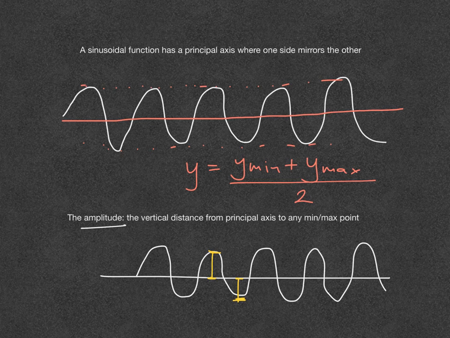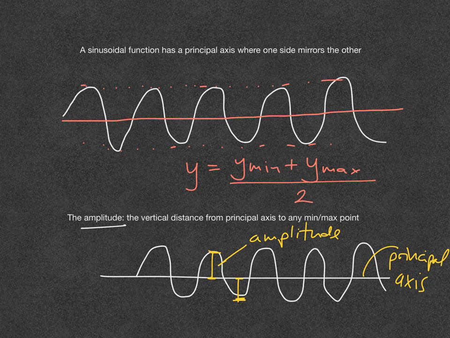But remember that the top is the mirror image of the bottom, so it's going to be the same distance. Now this is called the amplitude. And this again is the principal axis. So the greater the amplitude, the greater the waves of the function. If you have a low amplitude, you have small waves.